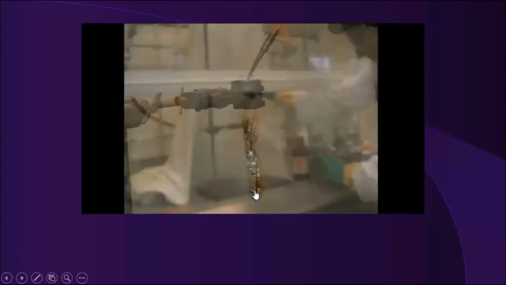This is aluminum, and they're going to add bromine to it. Bromine liquid. It's a brown liquid. Watch.